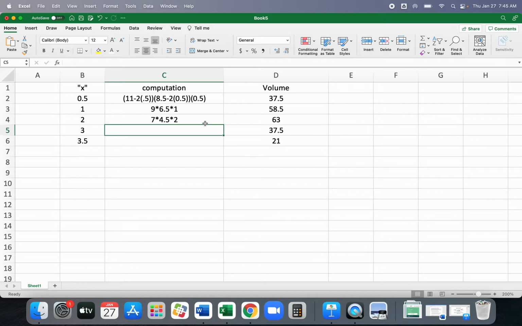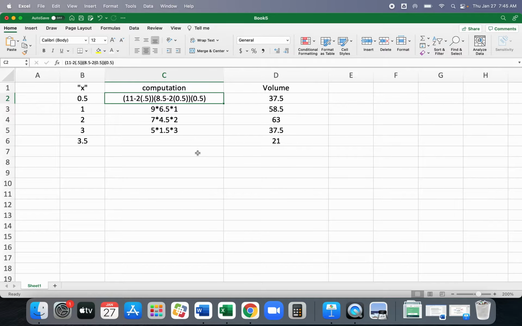But this would be minus 3 on each side. 11 minus a couple of 3s. 11 minus 6 would leave us a 5. So it's not the same numbers here. We don't have the same numbers in the computation. We have a 5 and an 8.5 minus 6 and a 3, right? The height of the box is 3 in that case.